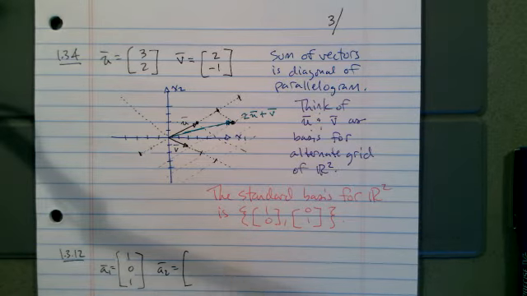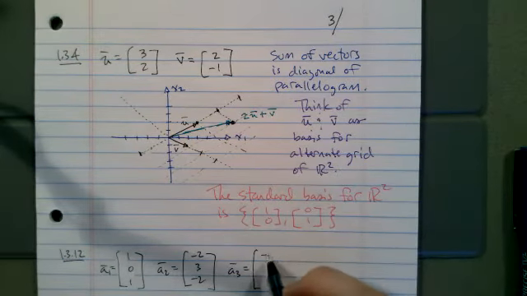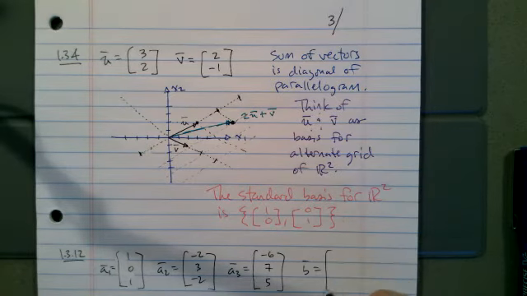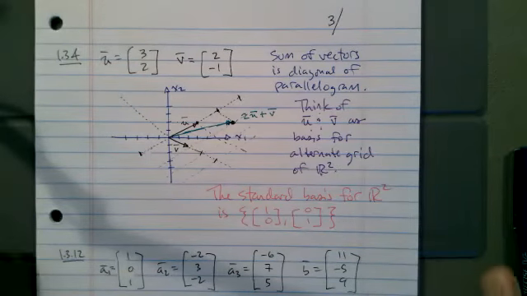A2 is negative 2, 3, negative 2. A3 is negative 6, 7, 5. And B is 11, negative 5, 9. And we want to determine if B is a linear combination of A1, A2, and A3.